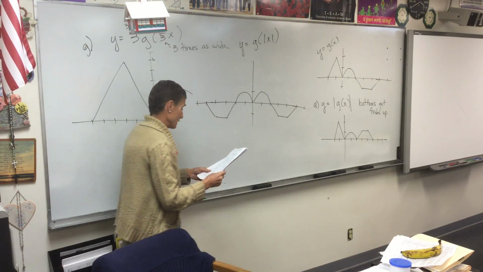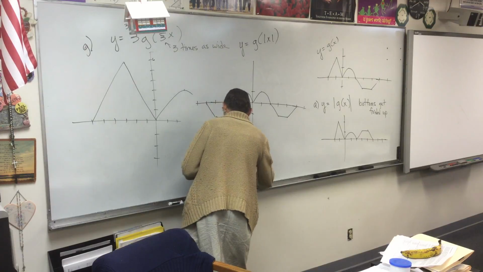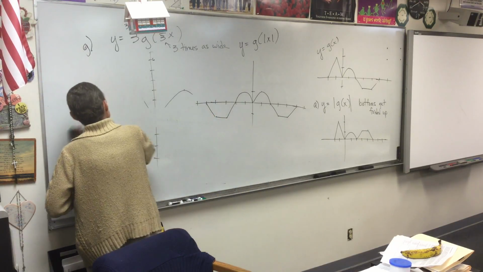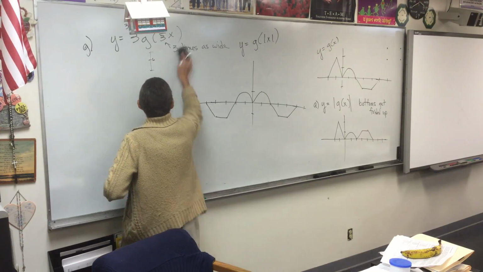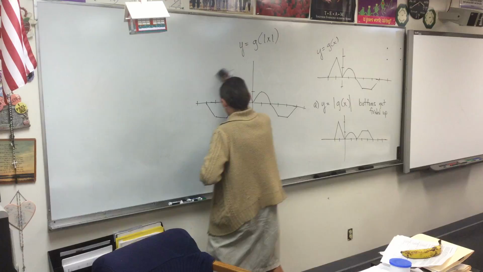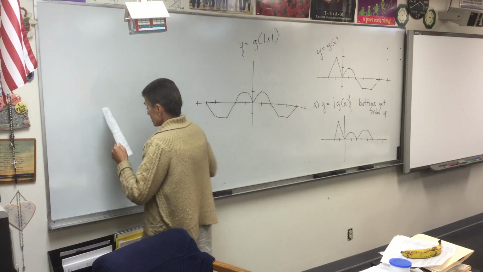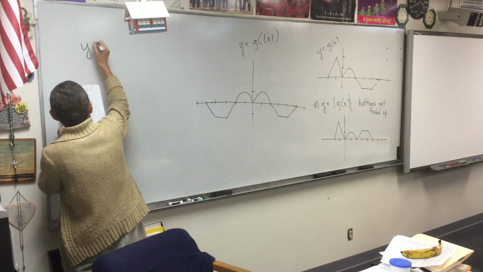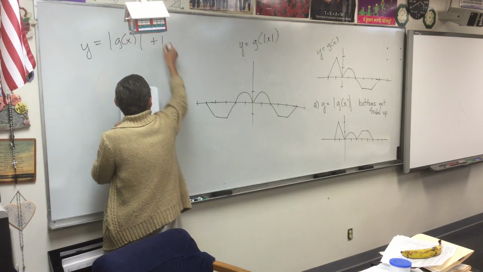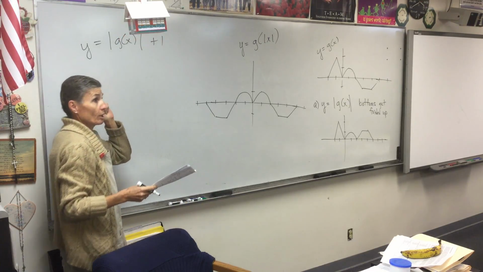All right, let's do C. The hardest part here, you guys, is going to be keeping track of where the absolute value is. So now we're on C. We're only going to do a couple more, and then I'll let you work on them on your own.